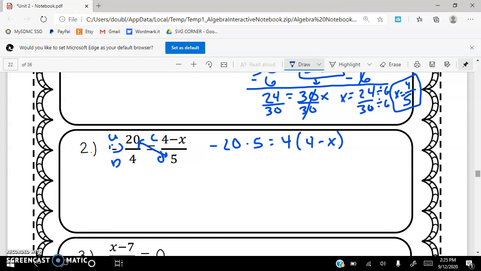So negative 20 times 5 is negative 100. Let's distribute. 4 times 4 is 16. And 4 times a negative x gives us a negative 4x.